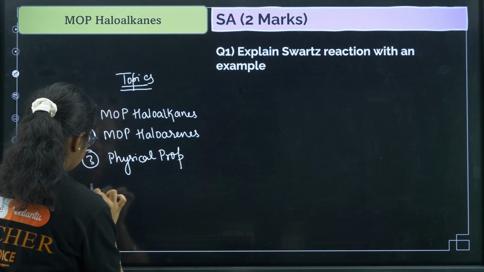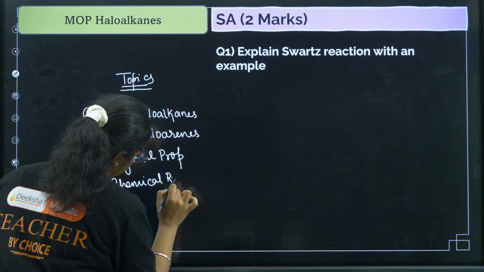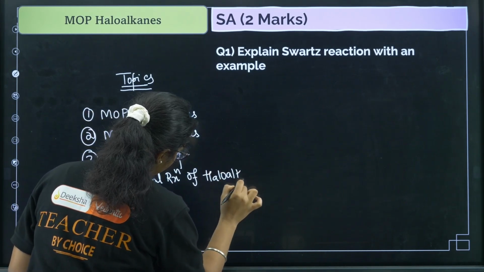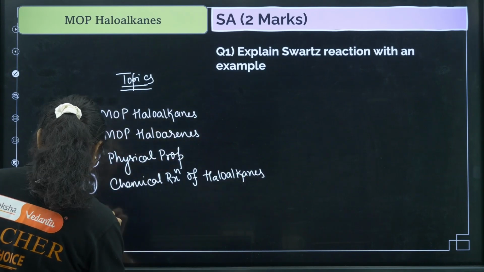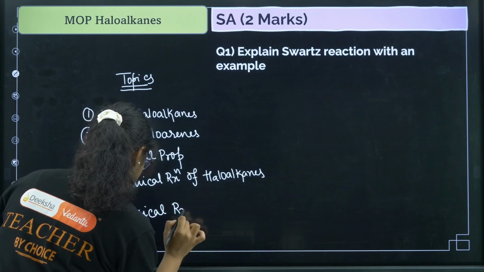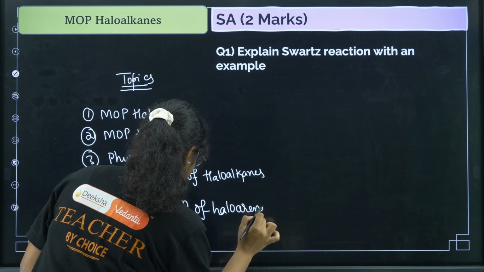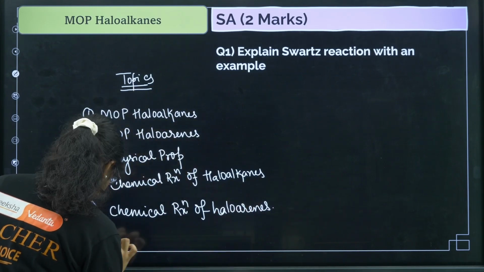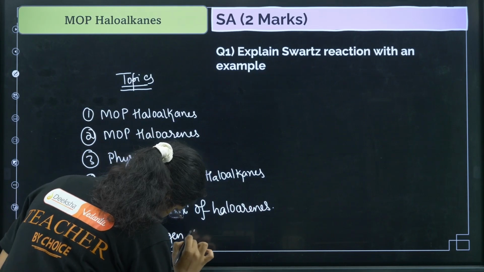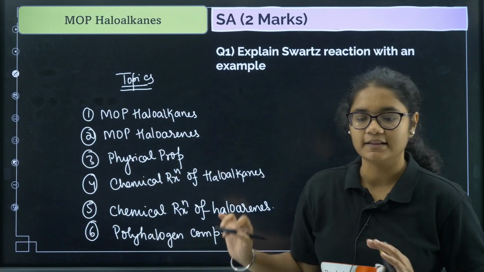Next, chemical reactions of haloalkanes. Similarly, the fifth one is chemical reactions of haloarenes, and the sixth one is polyhalogen compounds. These are the most important topics present in this particular chapter.